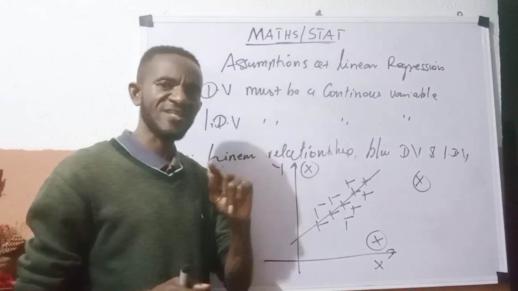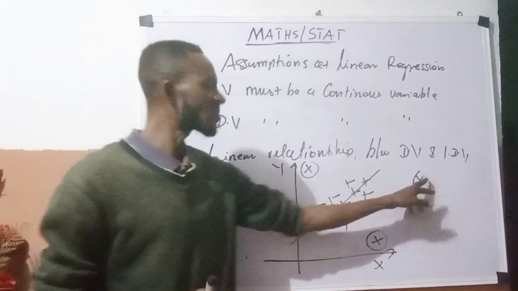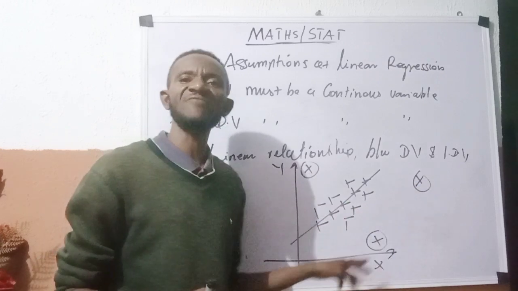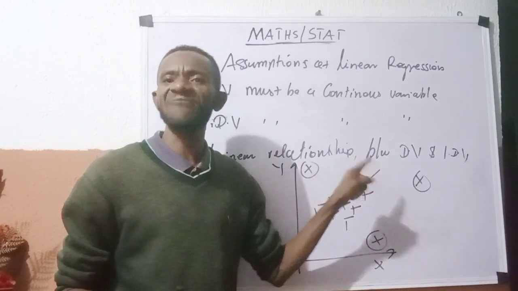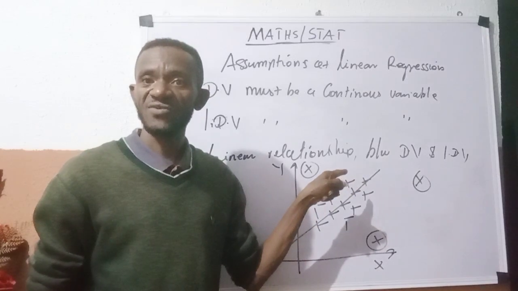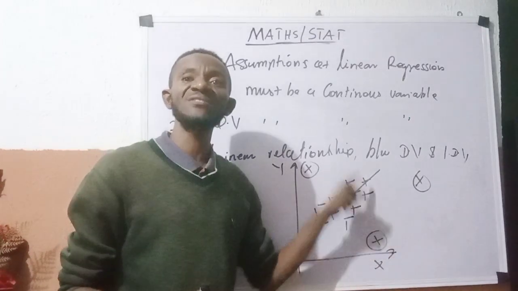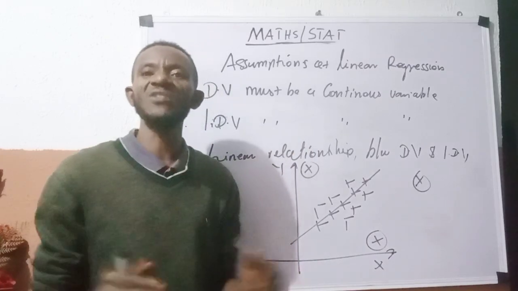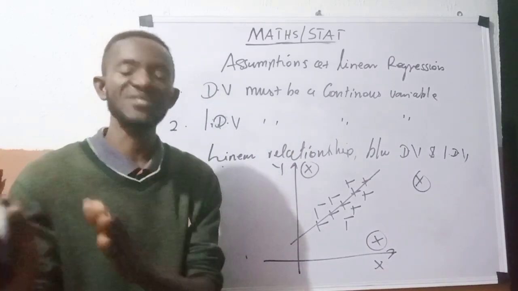So we are not expected to have these outliers, because if you happen to have them, it is going to affect our estimates. And once it affects our estimates, definitely it is going to affect our model, which will not give us a better prediction.